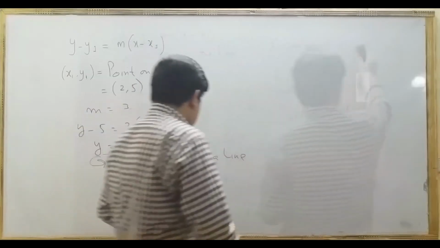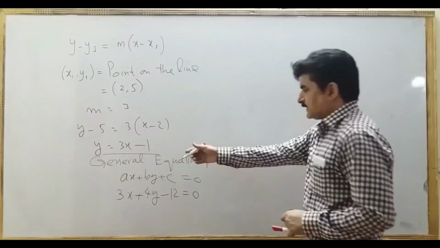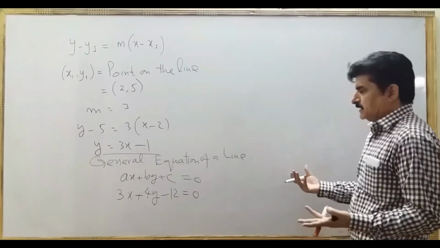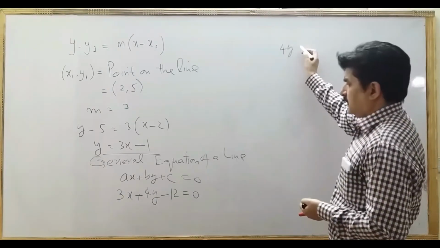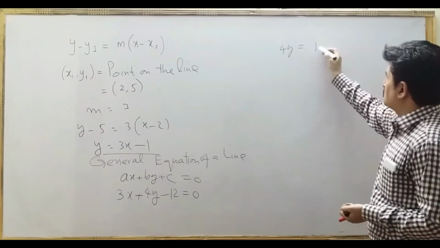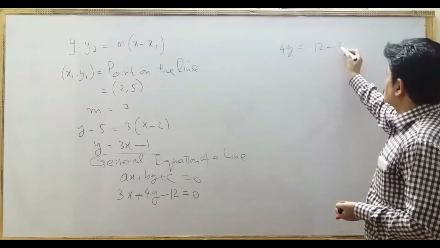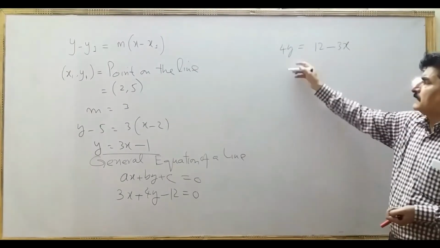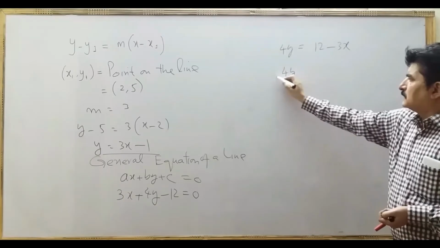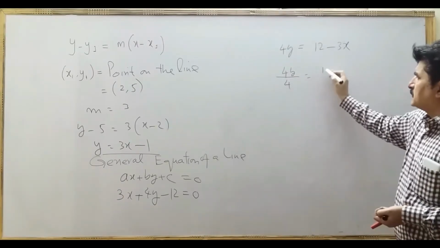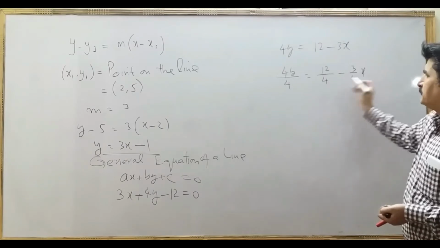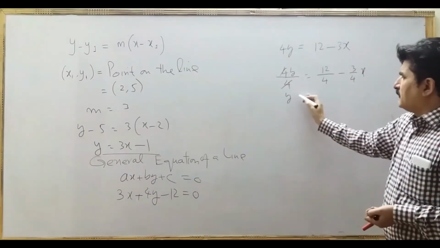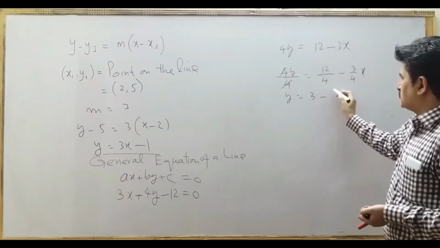How will you find gradient? When you are given the equation of straight line in any form, you have to make y as subject. Shift all terms to right except y. Simplify it so that we have only y on the left.